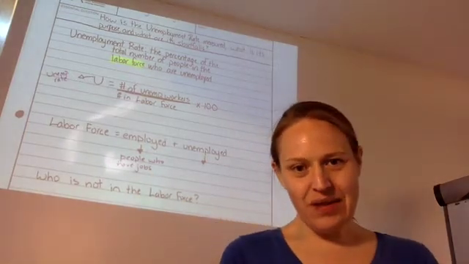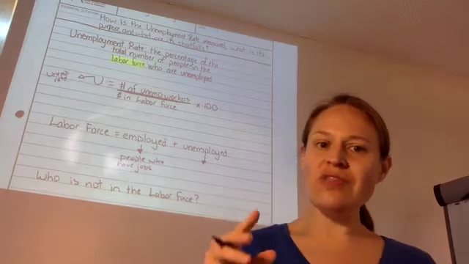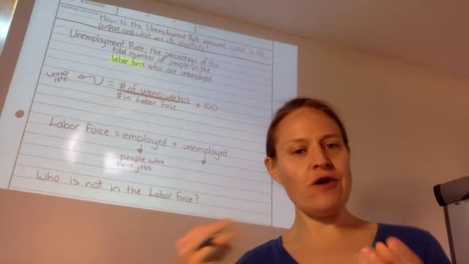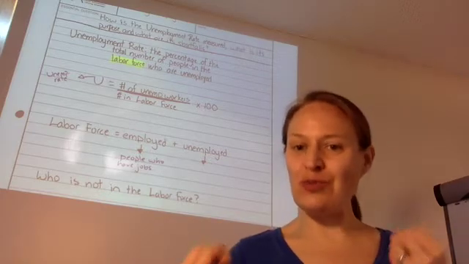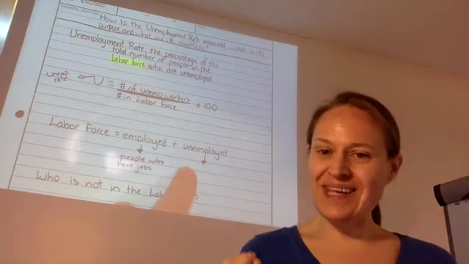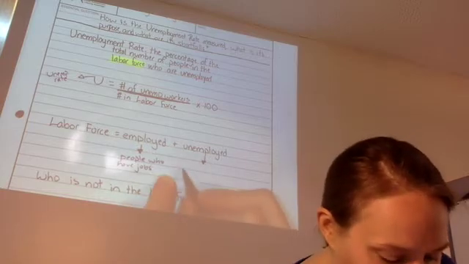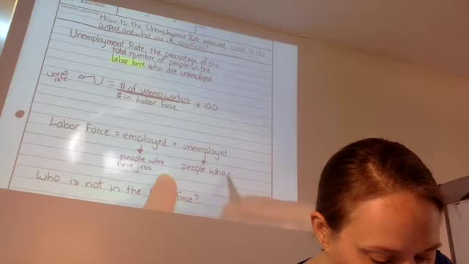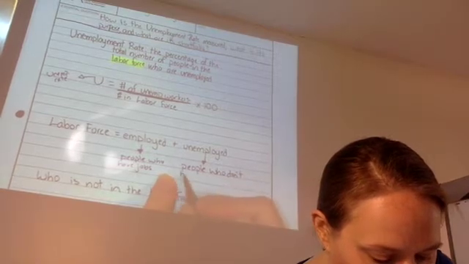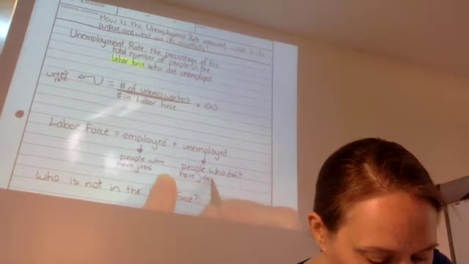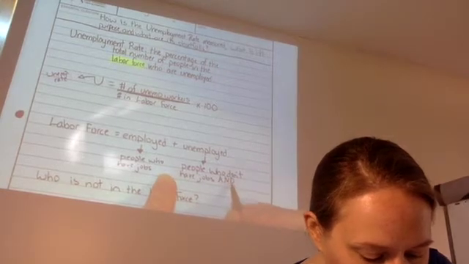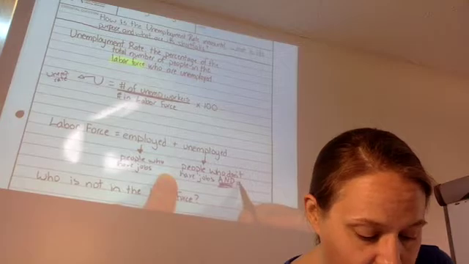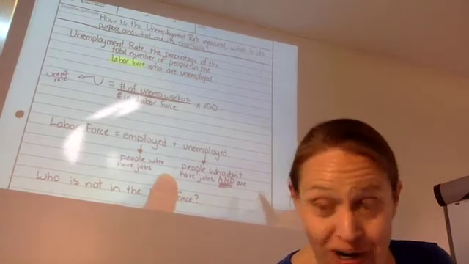Unemployed people, according to our definition of labor force, and therefore our definition of unemployment rate, unemployed people in econ, that is people who don't have jobs and, important and, they are looking for a job.